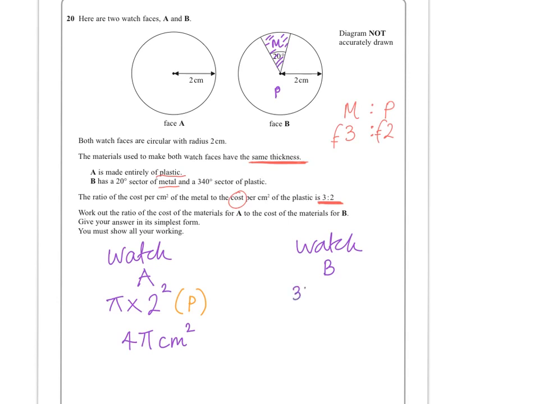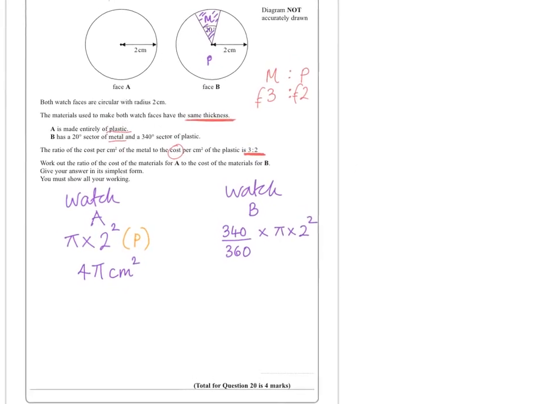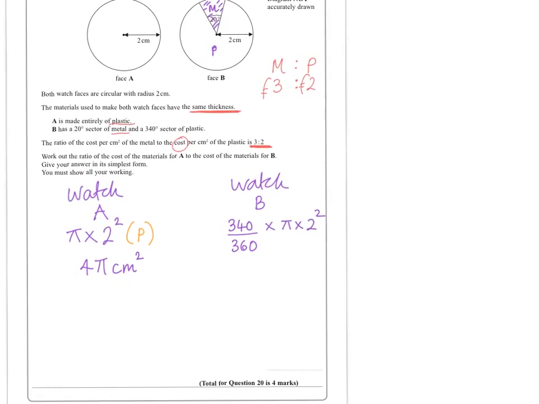So let's do the plastic part of the watch face B. Well, it's going to have 340 degrees out of the 360 as a fraction of what the area would have been. And the radius is still the same. So again, you can do this with a calculator, but I'm going to do it by hand if that's okay. So I'm going to divide top and bottom by 10, and then I'm going to halve the top and halve the bottom.